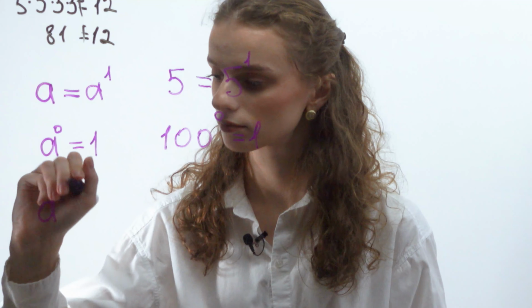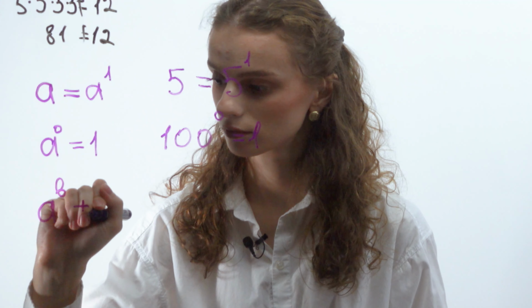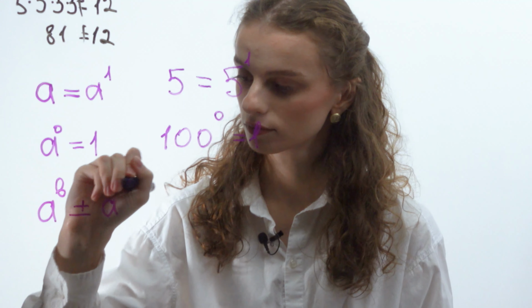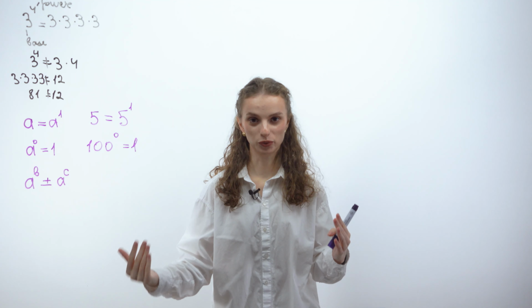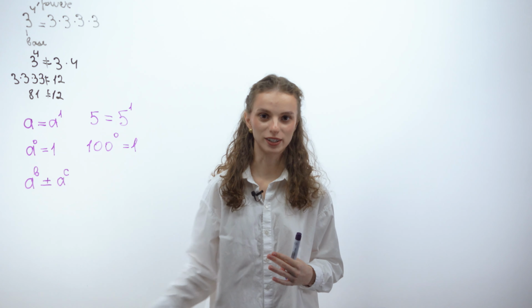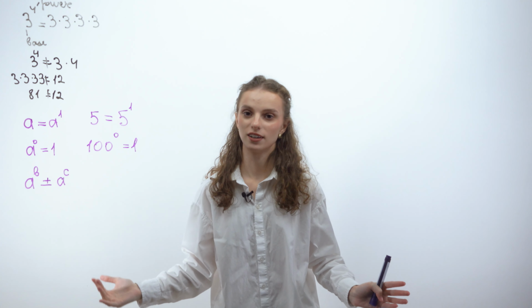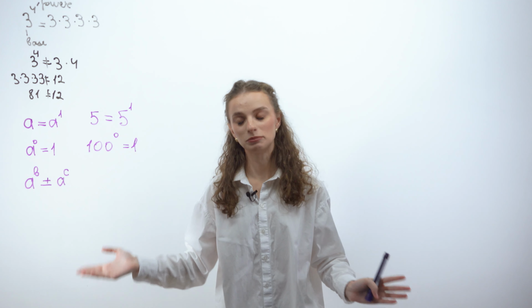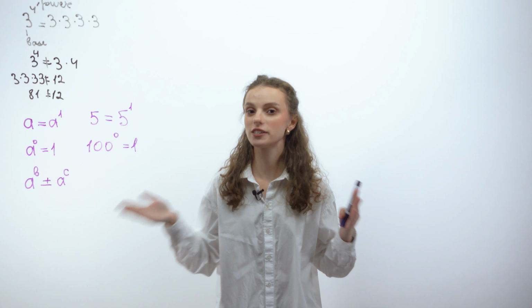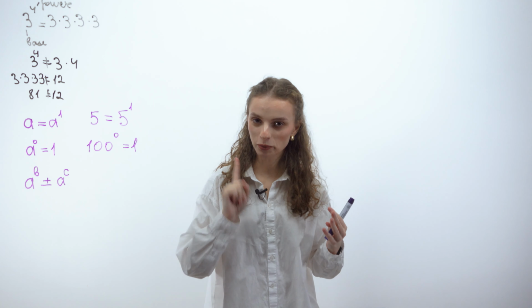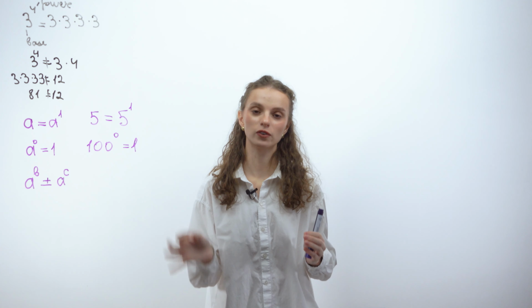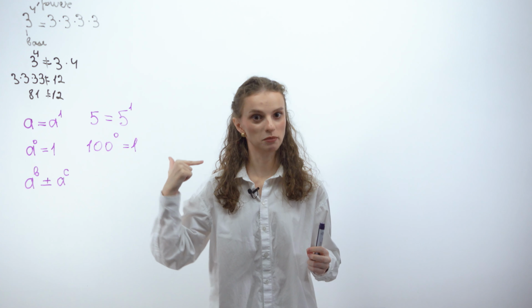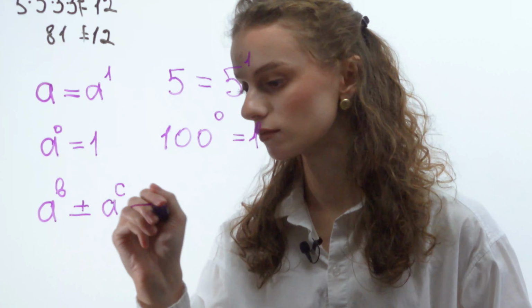Next rule, we have a to the b power plus or minus a to the c power. So here's the thing, there is no rule for this kind of exponents. I often mess it up, I see others mess it up. Look, this is the topic when people start getting confused. So I'm going to point out the mistakes that people often make, so you keep that in mind and don't make them yourself.